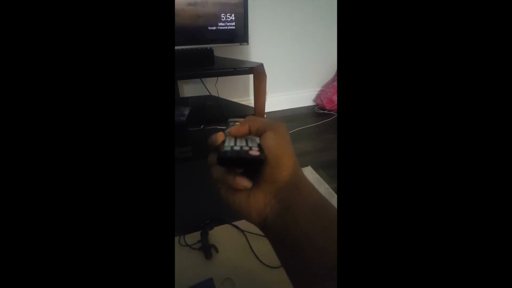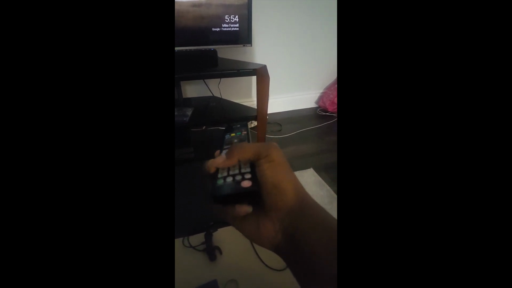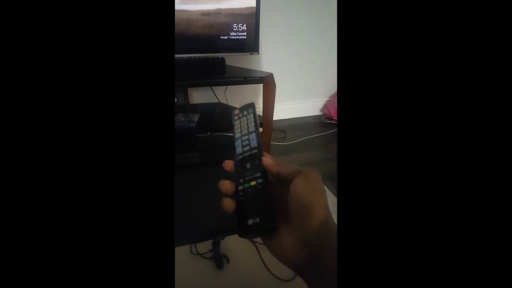So the number of times the infrared is being emitted changes, and the rate at which it's being emitted changes, and that's what your TV picks up to decode what the user is trying to do. Yeah, so I think that's cool.